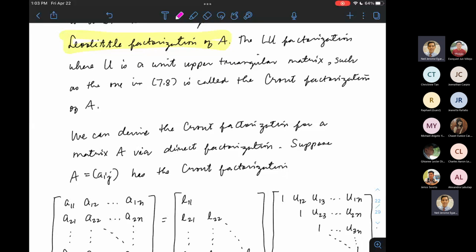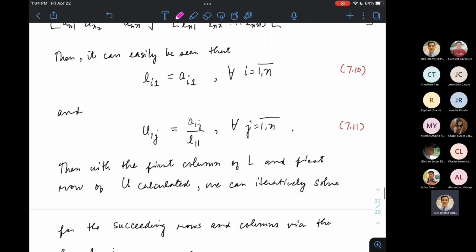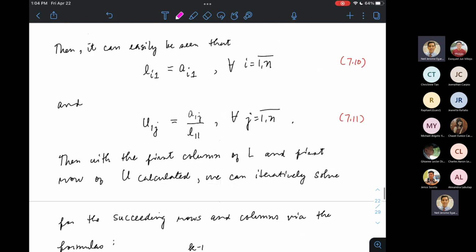Sige. Dahil hindi ko siya diniscuss, tapos reading assignment siya, para may kabuluhan yung reading assignment nyo, siya na lang yung ilalagay ko sa problem set 2. Alright? Magbibigay ako ng isang matrix, ipapa-Crout factorization ko siya sa inyo. Yun na yung computational part ng problem set 2. Right? And the material for the Crout factorization is given in this module. So nandito na actually yung formula.